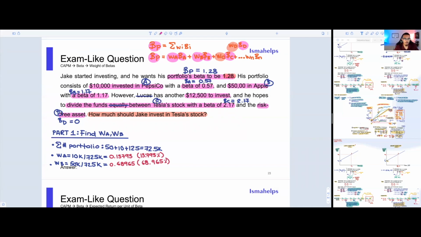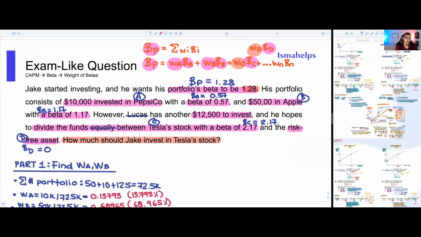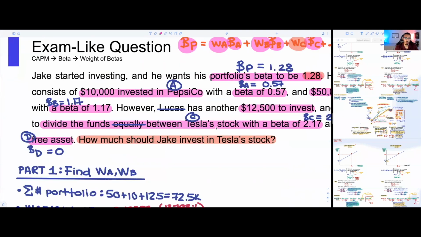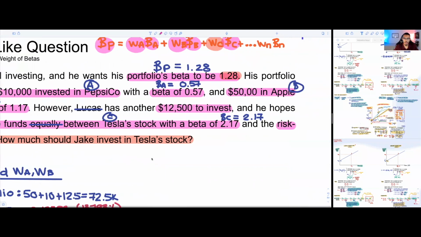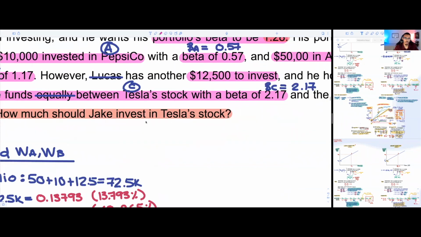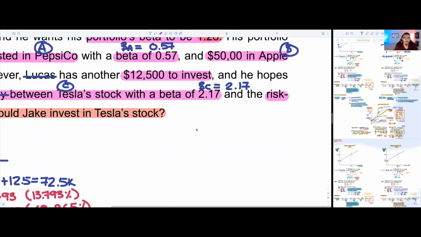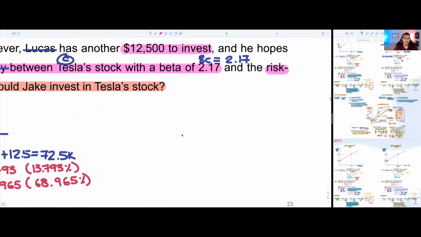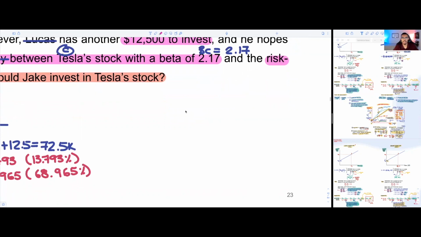and it's about solving for the missing variable, solving for how much Jake should invest in Tesla stock. So let me zoom in a little bit, and we're going to use that as a little segue to make sense of what it means to have an investment in both an asset and the risk-free rate at the same time, and how you should go about this on an exam. So let me just write it up.